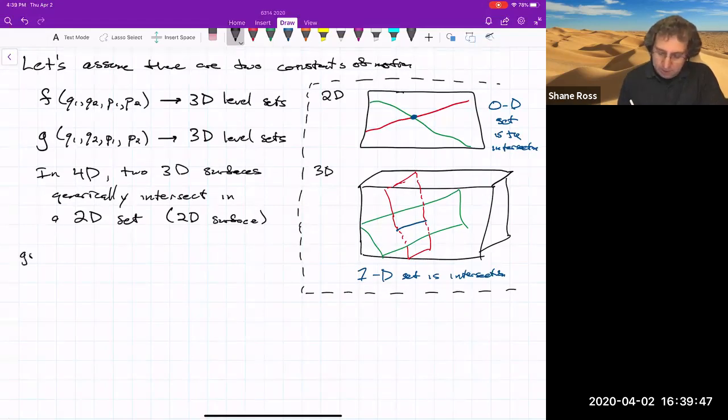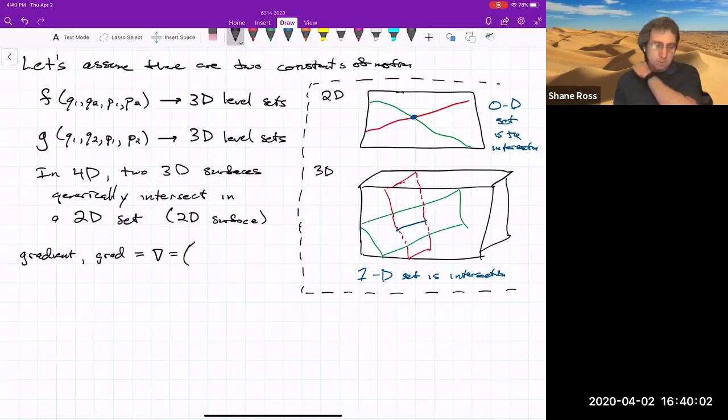All right, we have to define what the gradient is. The gradient of anything is, you take certain partial derivatives: partial Q1, partial Q2, partial P1, partial P2, and you just operate on a scalar function.